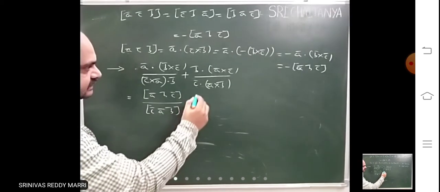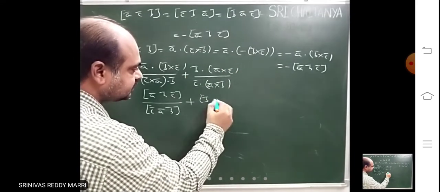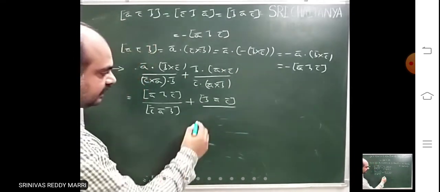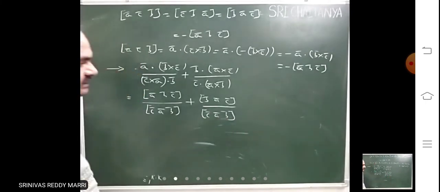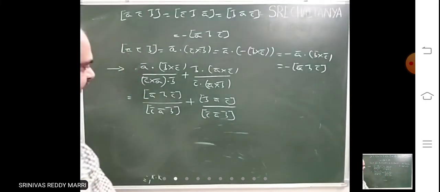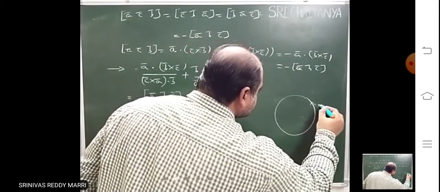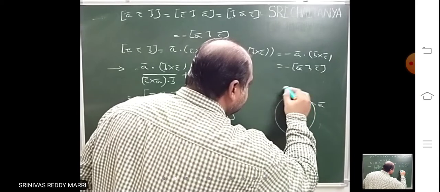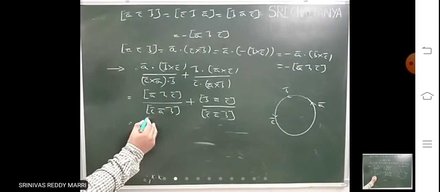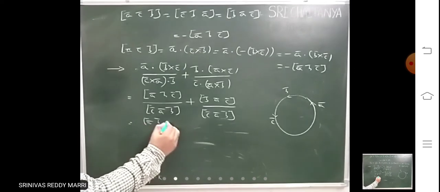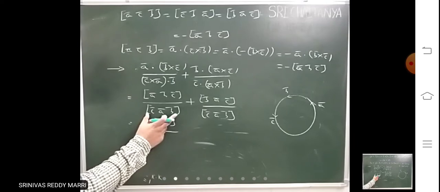This plus, in the right order, the box of B bar, A bar, C bar, divided by this, according to the definition. Now if you look here at A bar, B bar, C bar: the box of A bar, B bar, C bar divided by the box of CAB.